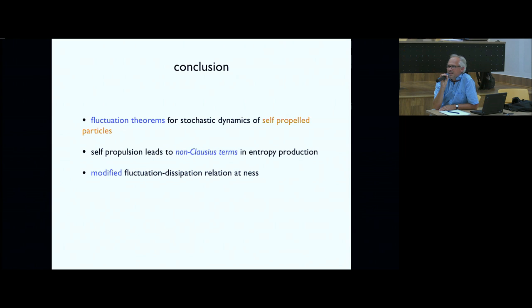So my suggestion would be to come up with a more microscopic model which mimics or reproduces this kind of f of v behavior. And then the whole issue of entropy production would be clear, because for microscopic models, it's pretty clear what physical entropy production is.